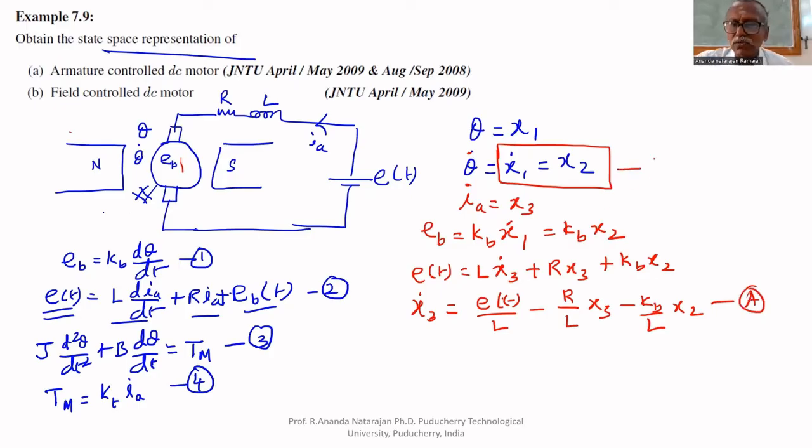Already, x1 dot equal to x2 is the first equation. Let us assume this as the second equation.